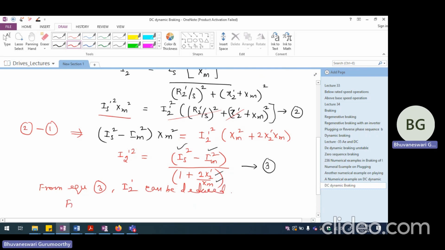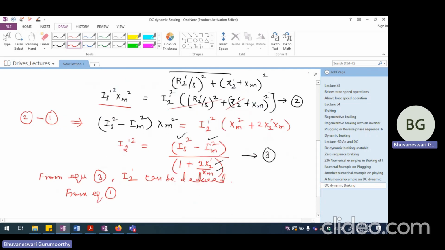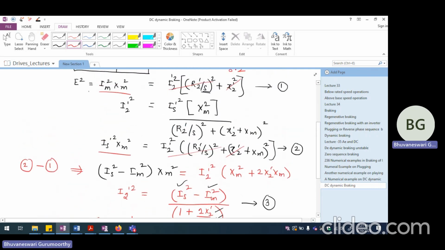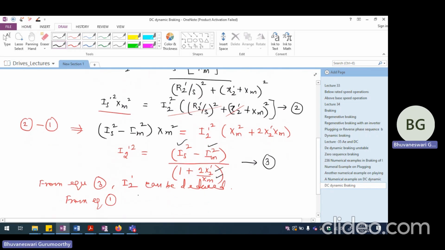And from equation 1, if I know I2 dash also, I should be able to, let me write this expression clearly. That is E square minus I2 dash square X2 square. So I can say from equation 1, E square equal to I2 dash square multiplied by R2 dash divided by S whole square plus X2 dash square.